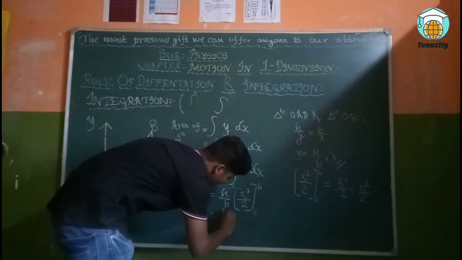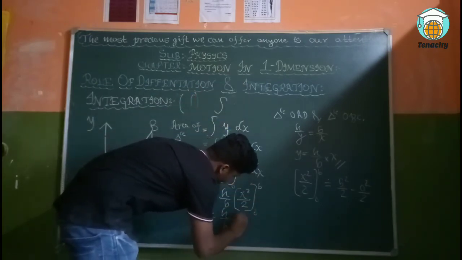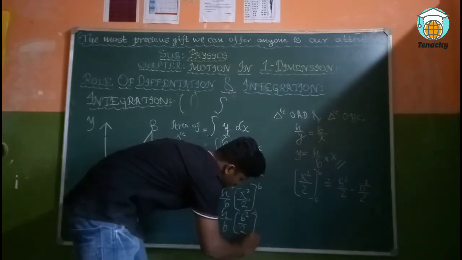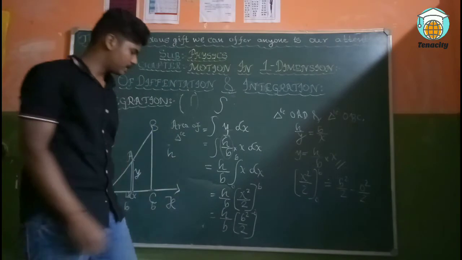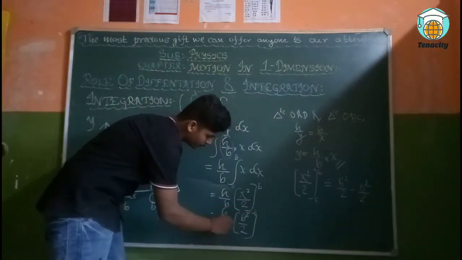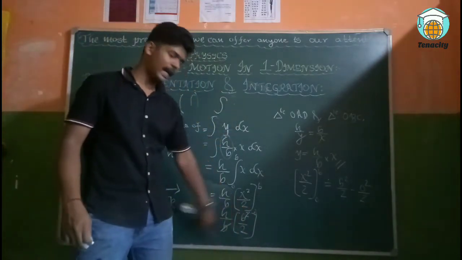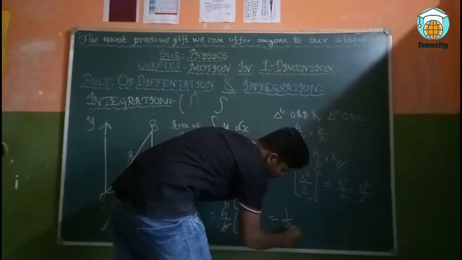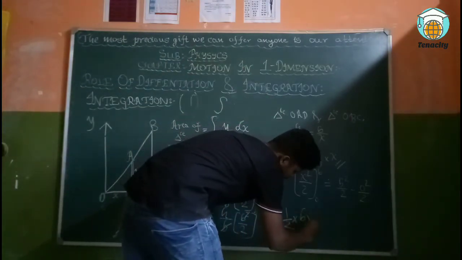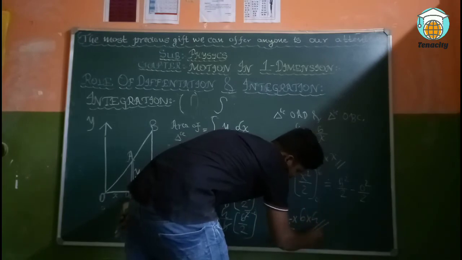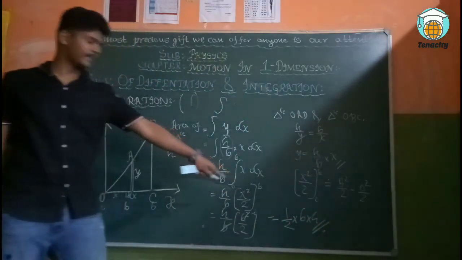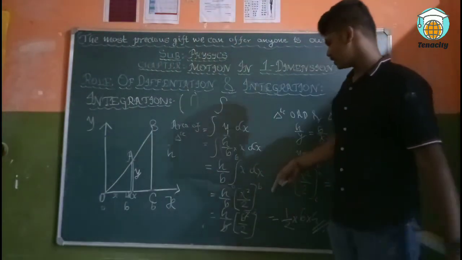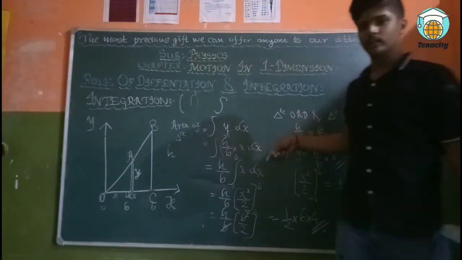You can directly write h by b into b square by 2. Now b and b square get cancelled. Now you will get half into base into height. So this is the area of triangle, as we know. So this is the proof of integration.